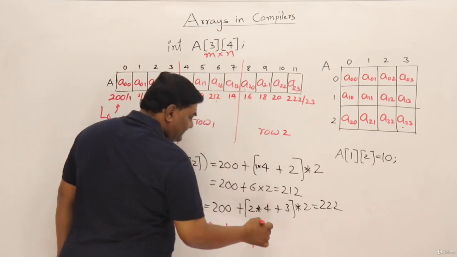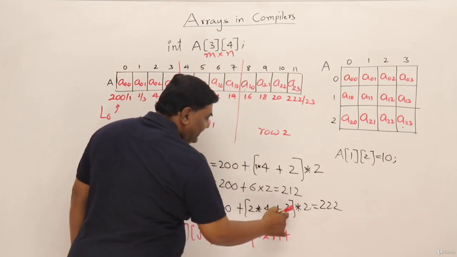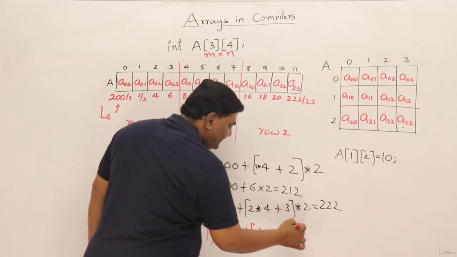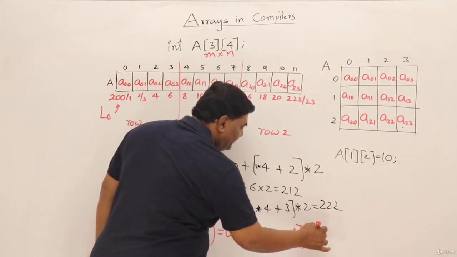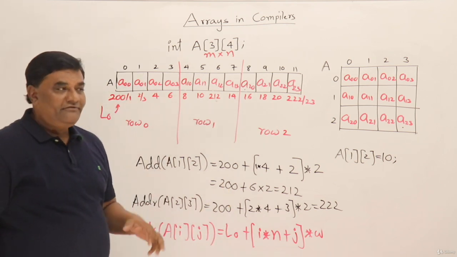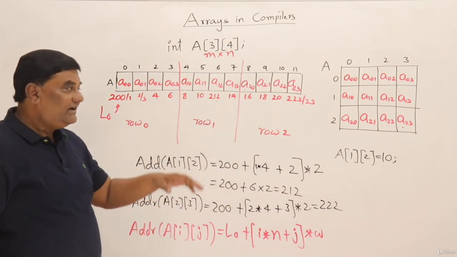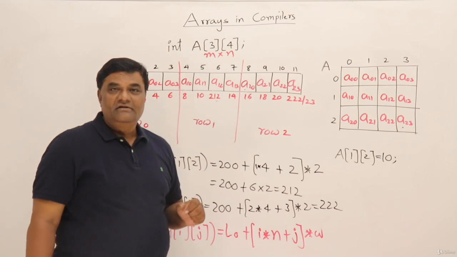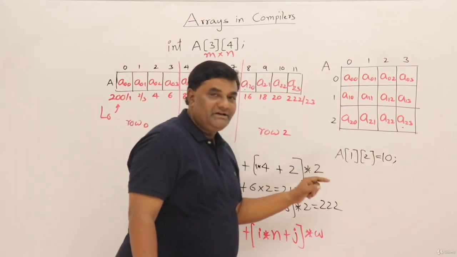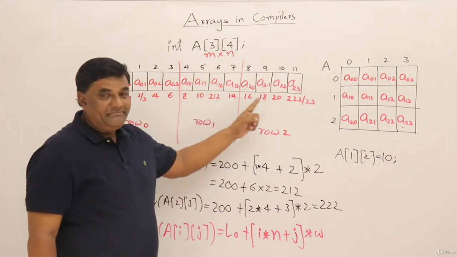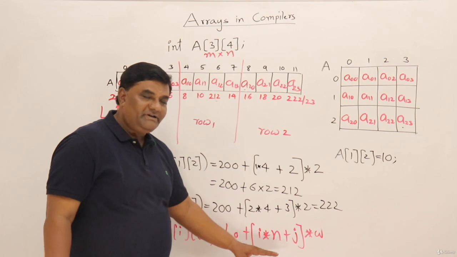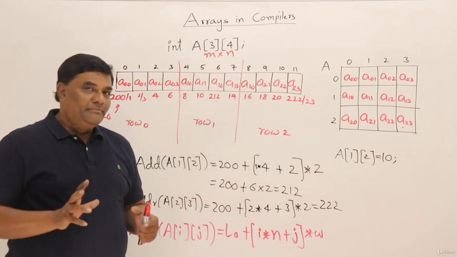So this is n, plus this one is the third element, so that is j, and this whole thing multiplied by w. So this is the row major formula used by compilers for obtaining the address of elements of a two-dimensional array. Two-dimensional arrays are accessed using two indices, but actually they are kept in a single dimension array which needs just one index or the address. So the address is obtained like this. So this is about row major.